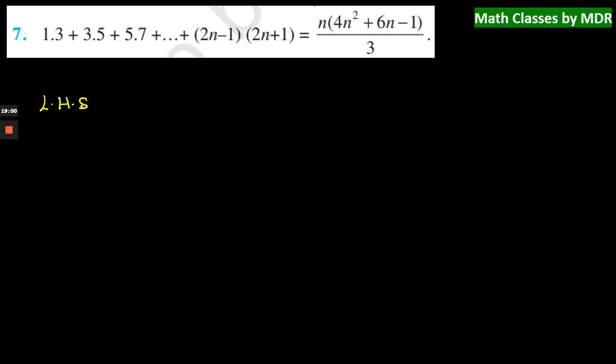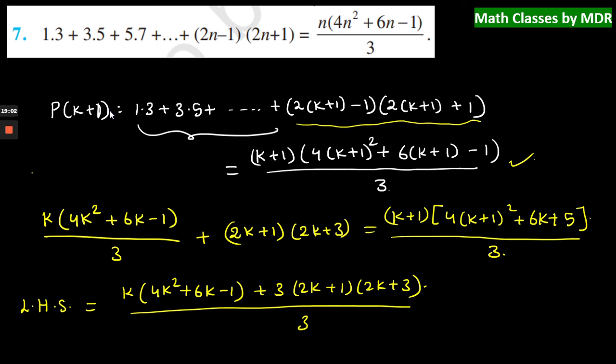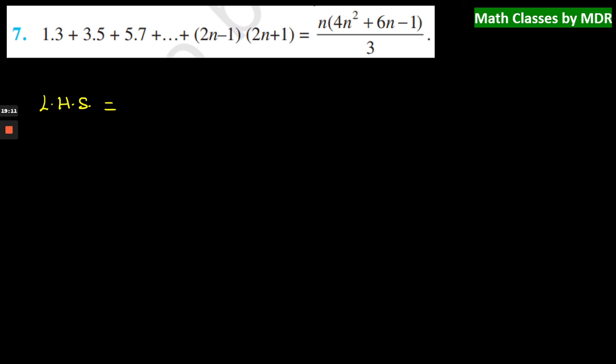Left hand side is equal to 4k square plus, so let us multiply this. Maybe I will multiply this entire thing. Okay, so 4k cube plus 4k cube plus 6k square minus k.